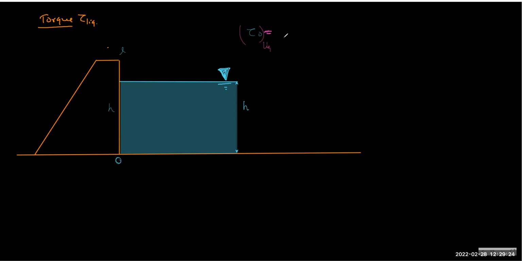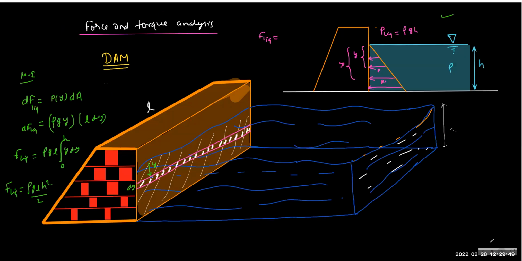Done, guys? Anybody doing this question, or shall I solve this? Tell me. You can go back to the first derivation of force here. If the force is acting here, dF, what is the torque of this force about the bottom?